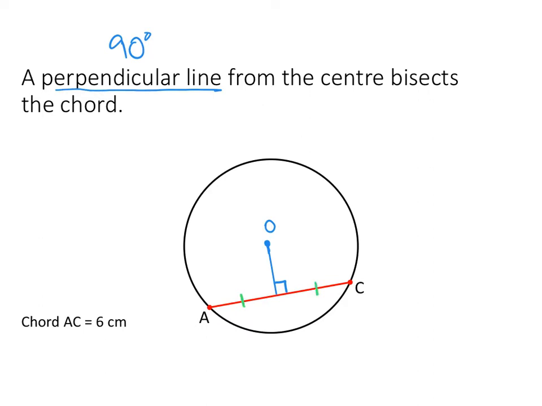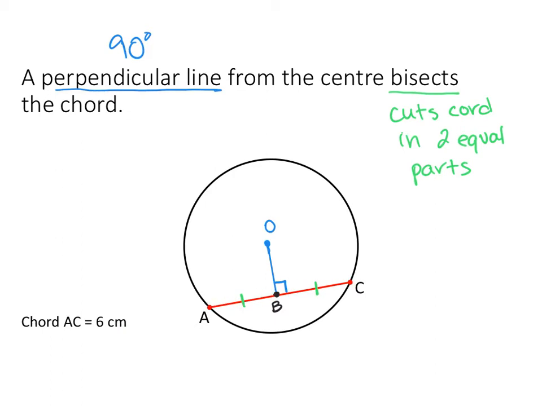So what that means when I say bisects, I just mean that it cuts the chord into two equal parts. So if I label this point here B, I've said over here that chord AC is 6 centimeters, so this length here is 6 centimeters.